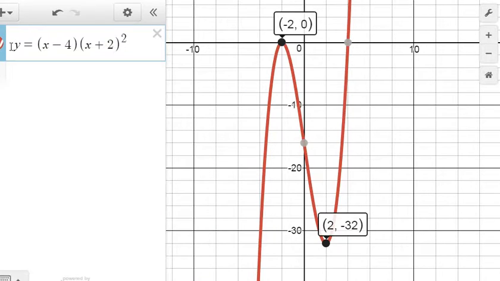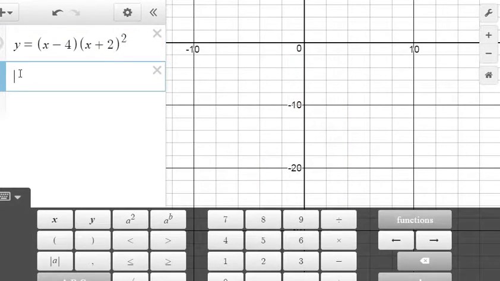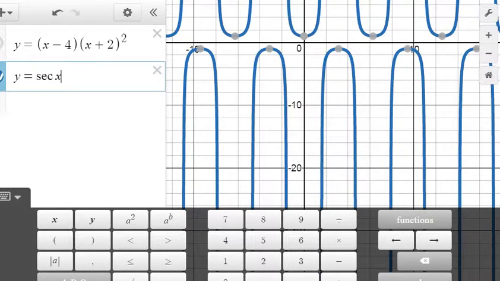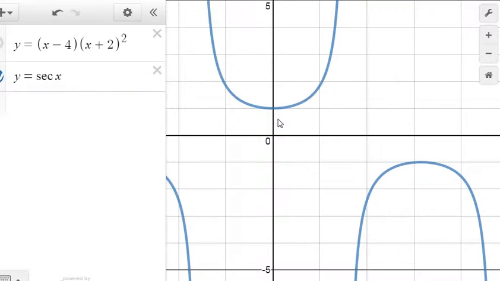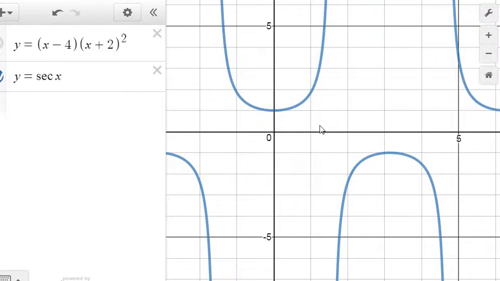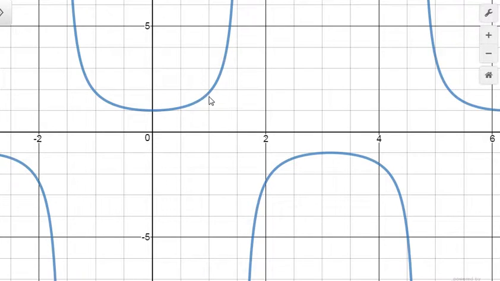So let's shut this off real quick and take a look at y equals secant of x, and we're looking at the interval from, say, pi to 2 pi. Yeah, so you've got a vertical asymptote here. The function's not continuous.